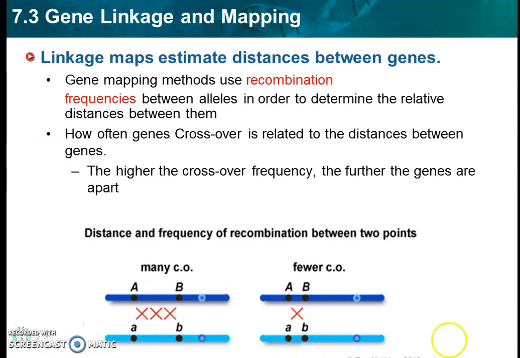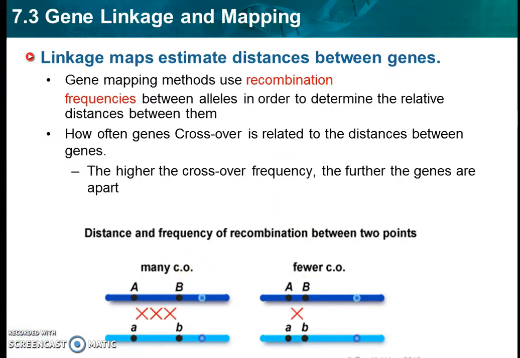If we take a look down here at this example, the closer that two genes are together, the less likely they are to separate during crossing over, because they are so close together. I keep losing my mouse, sorry.